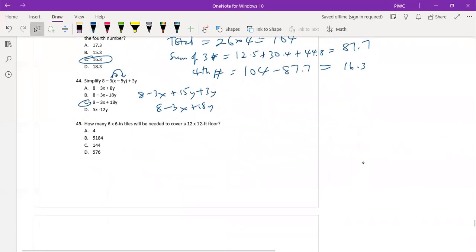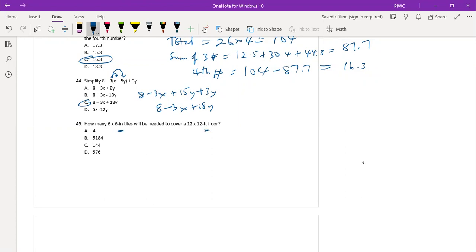And then for number 45. Number 45, we have to be careful with that one. So we need to know how many 6 by 6 inch tiles will be needed to cover a 12 by 12 foot floor. All right, so the units are different, inches and foot.